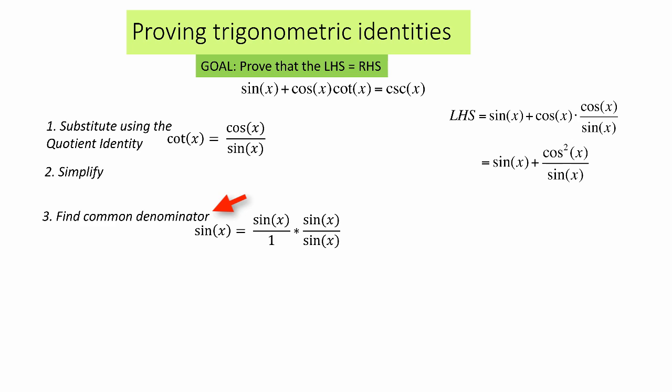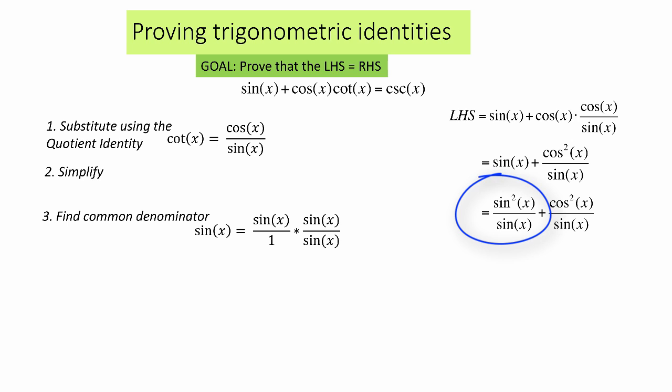Remember that sine of x, we could always represent as sine of x over 1. And I want to transform that into something that has a denominator of sine of x to match the cosine squared of x over sine of x fraction. So I multiply by sine of x over sine of x, and I end up with sine squared of x over sine of x.